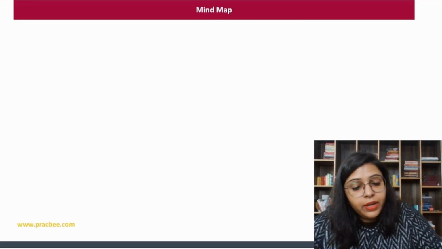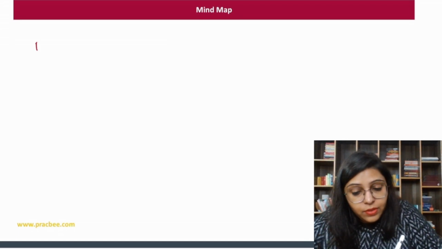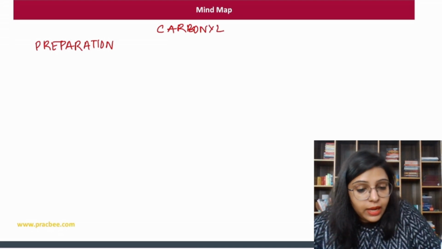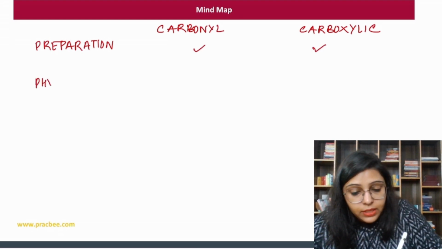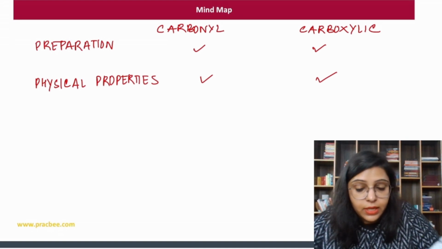Now if I discuss the mind map, in the mind map we have the preparation of carbonyl compounds, aldehydes and ketones, and carboxylic acids. Then we have physical properties with respect to boiling point, melting point, and solubility in water for carbonyl compounds and carboxylic acid.